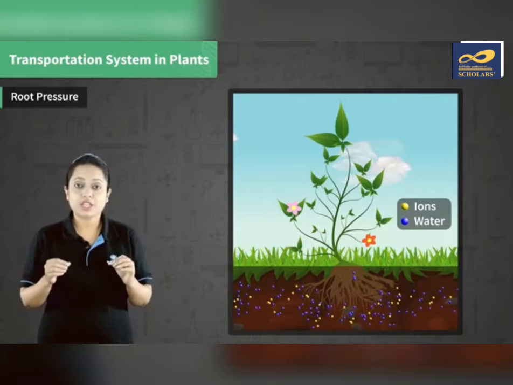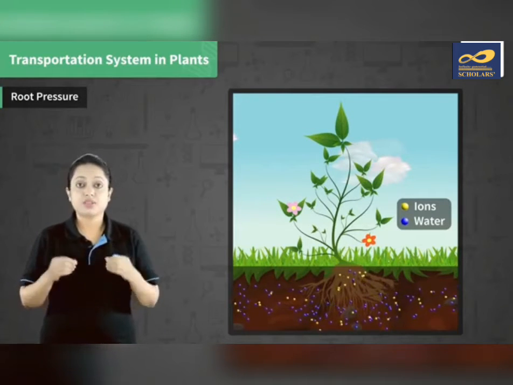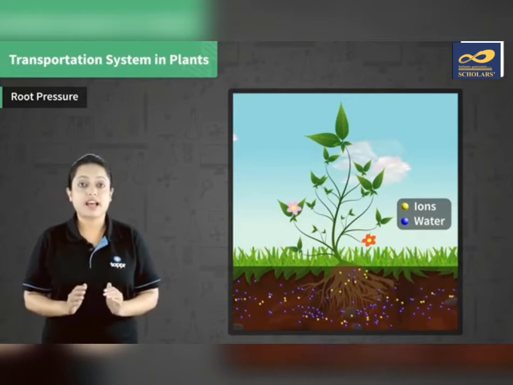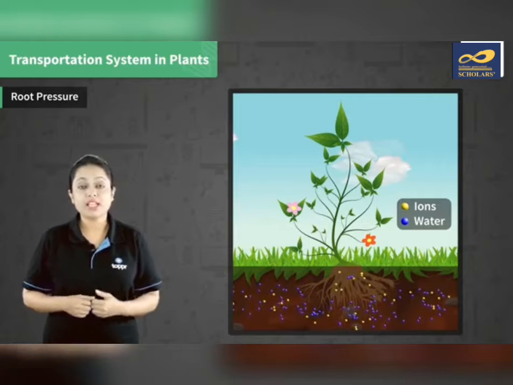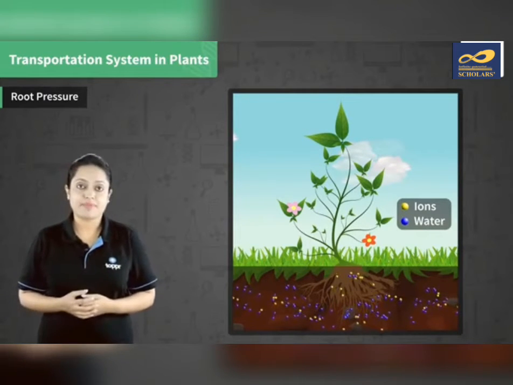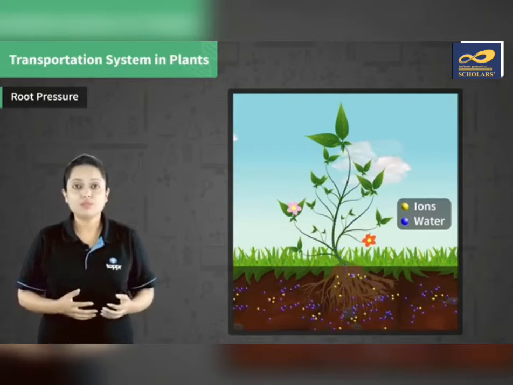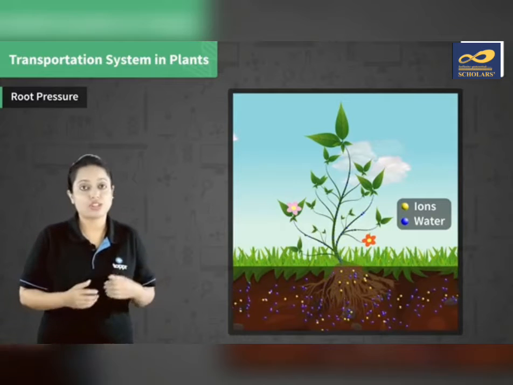The root cells in contact with the soil take up the ions. As a result, now root cells have more ions and less water in them, while soil particles have more water and fewer ions in them. So water moves from the area of high concentration to the area of its low concentration.